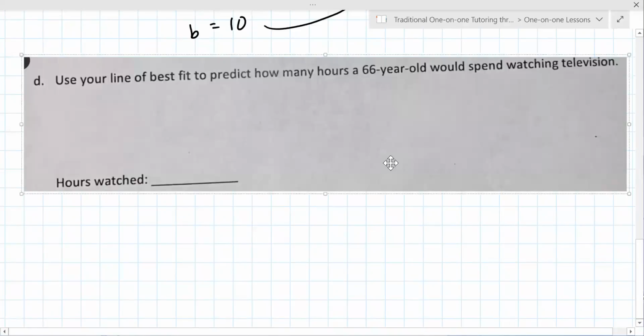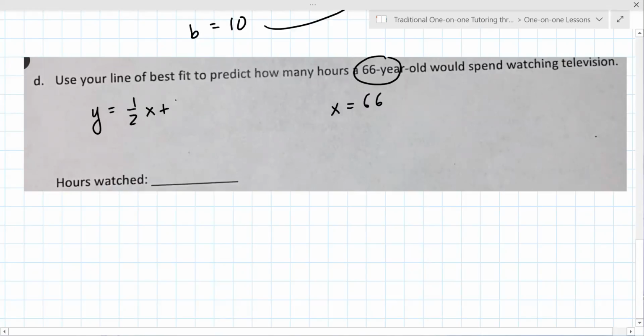That other situation here is a 66-year-old. That means x is 66. Your equation you just came up with is 1/2 x plus 10. You're putting 66 in for x. So that's y equals 1/2 times 66 plus 10.